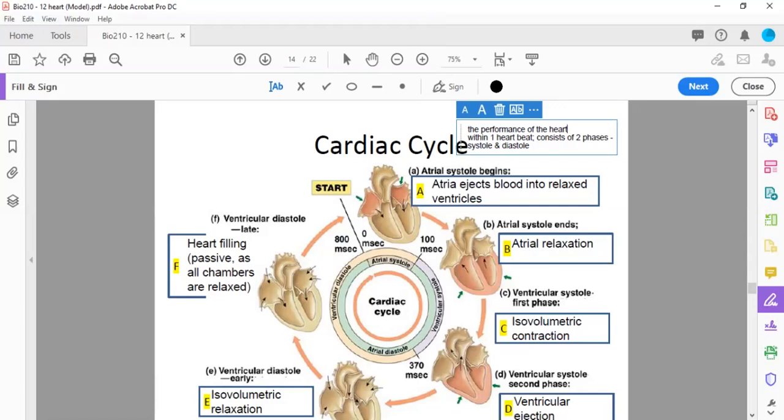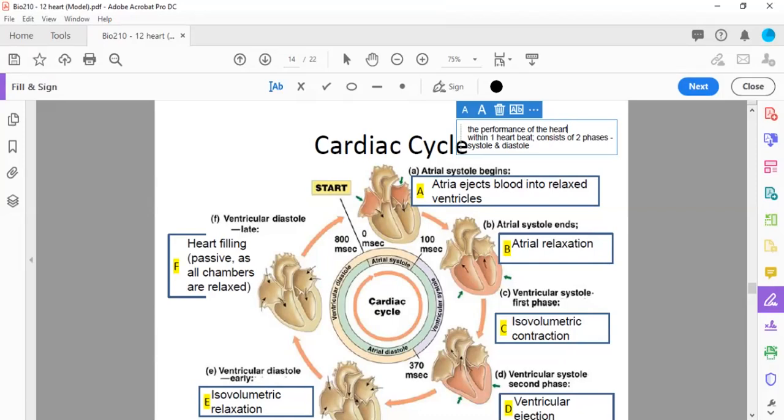As it pumps, it produces the blood pressure needed to drive the volume within the two circuits, the pulmonary and the systemic circuits. There are two events that occur within the heart: contraction and relaxation. Systole refers to contraction. Diastole refers to relaxation.